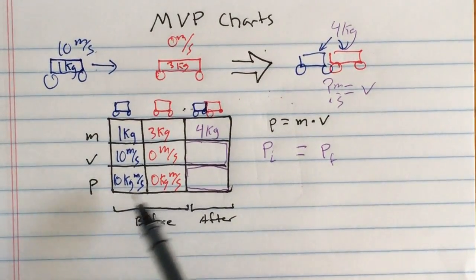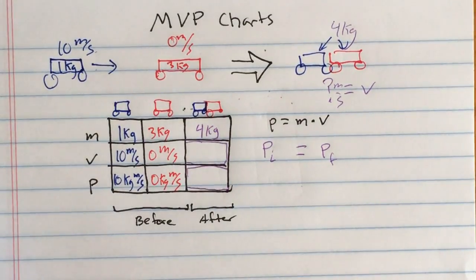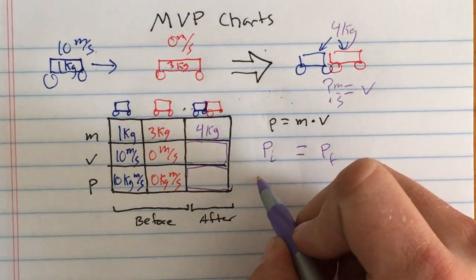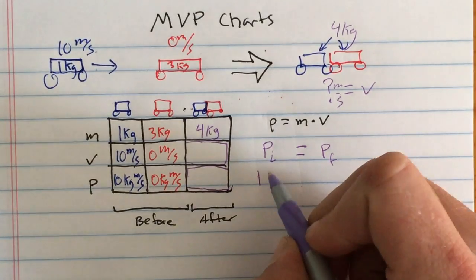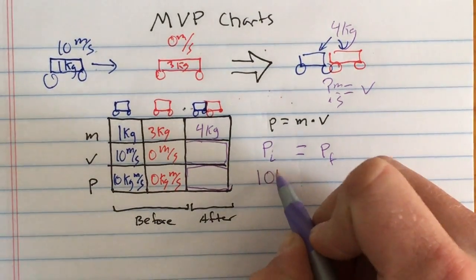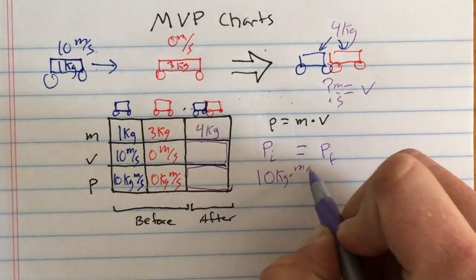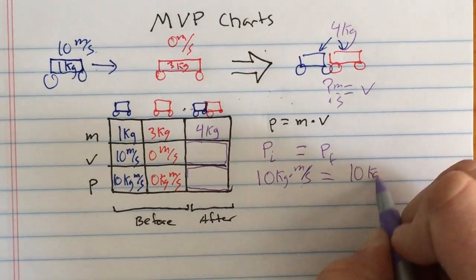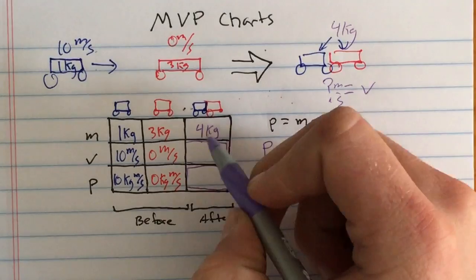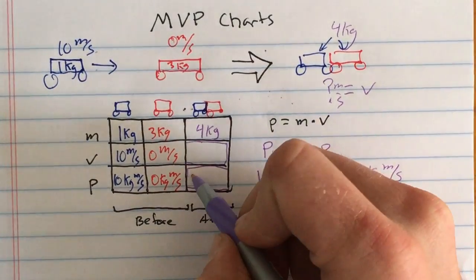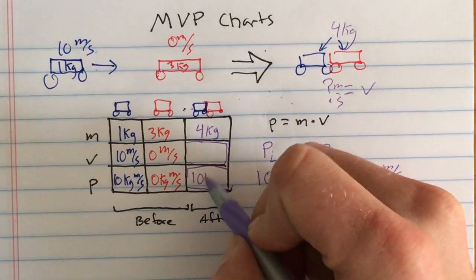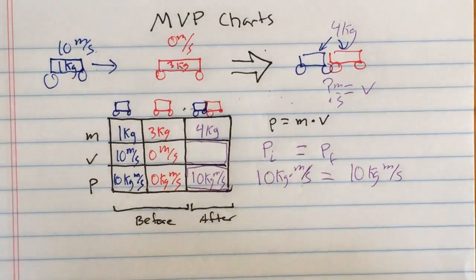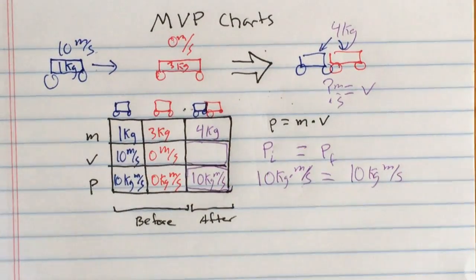So our total momentum before the collision was 10 kilogram meters per second, which means that our final momentum has got to be 10 kilogram meters per second, because momentum is always conserved.